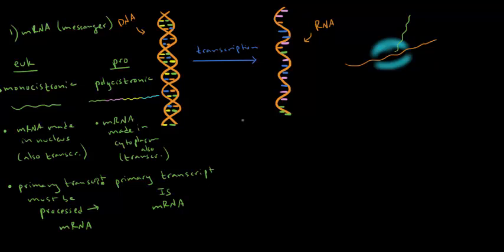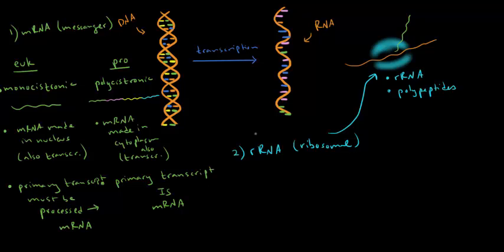The next type of RNA I want to talk about is rRNA, and that R stands for ribosomal RNA. Ribosomal RNA is found in the ribosome. The ribosome is made up of two components: rRNA and other polypeptides. The interesting thing about ribosomal RNA is that even though it's a nucleic acid, it actually acts like an enzyme.